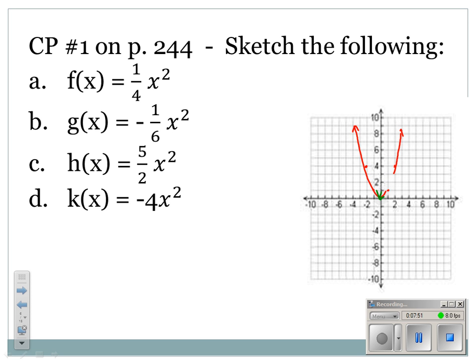And the last one. Again, our coefficient of x squared is negative. It's going to flip down. We know that because we already know what putting that negative out in front of our function does. So put my parent function back in. Take a couple of your values then and put it in. What's going to happen with that constant of negative 4? It's going to be another one of those stretches. Put 1 in. 1 squared is 1 times negative 4 is negative 4.